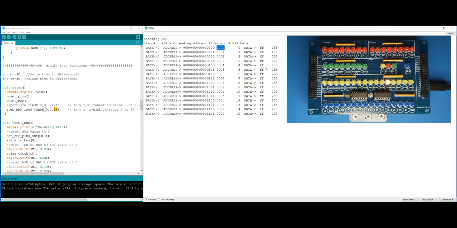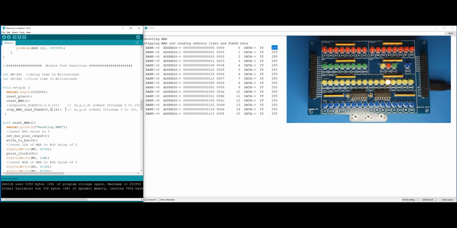Now, as you can see, the data currently stored on all memory cells in this flash memory is FF, which is 255 in decimal, and that's normal. Basically, when these chips come from the factory, they are reset to all FF on all memory cells. So that's good.